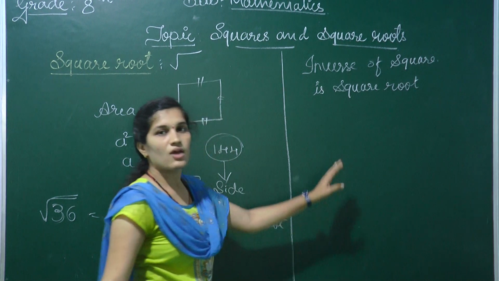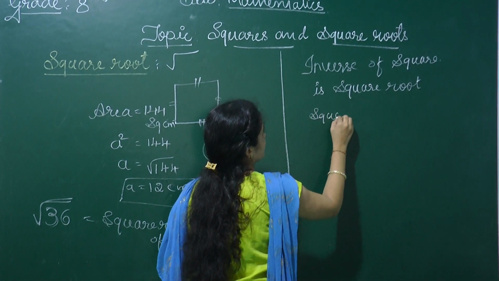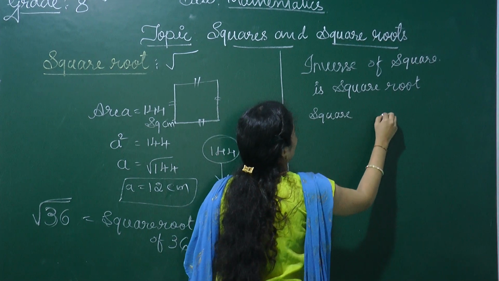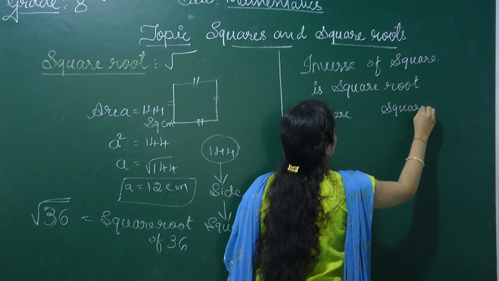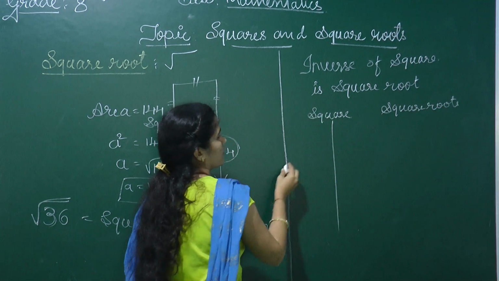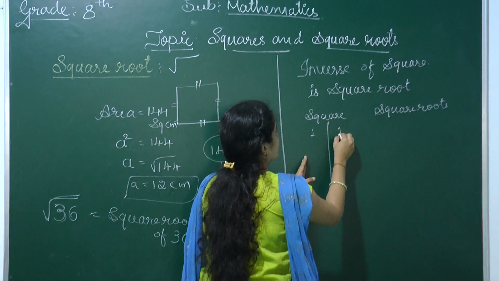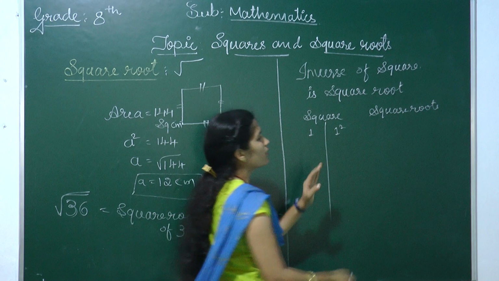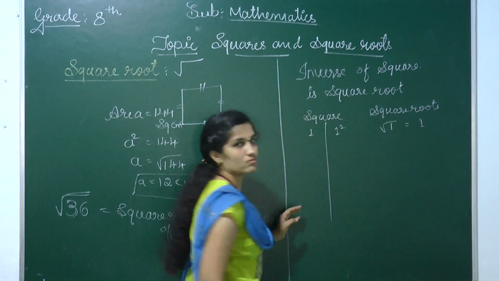I will go on writing numbers here: square numbers and square roots. See here, it is 1. If we square this number, 1 squared is 1, and the square root of 1 is equal to 1.